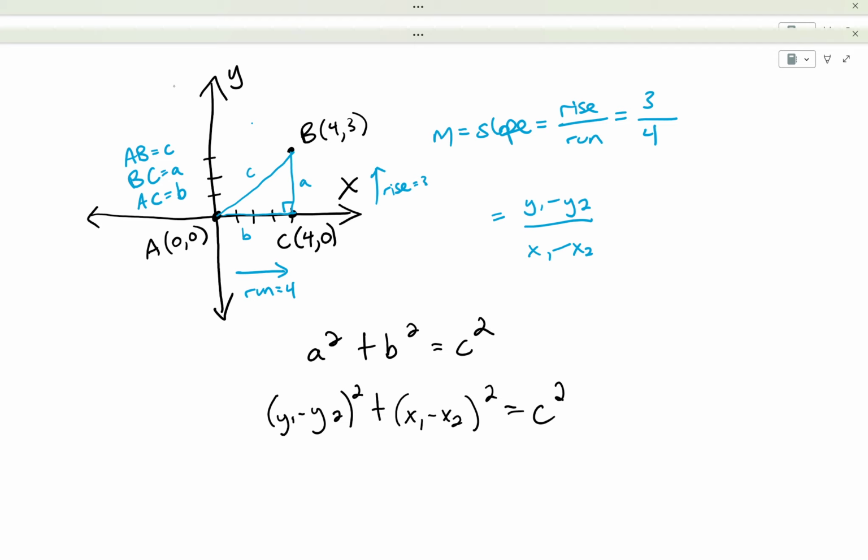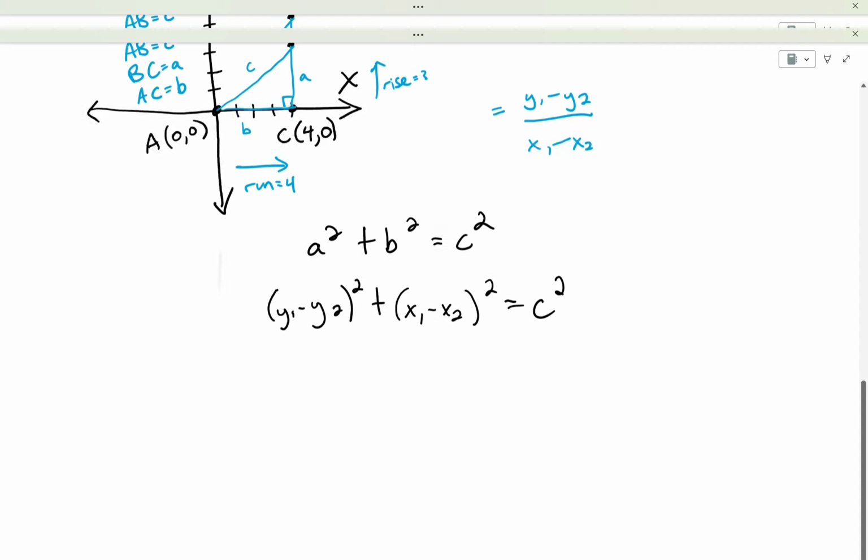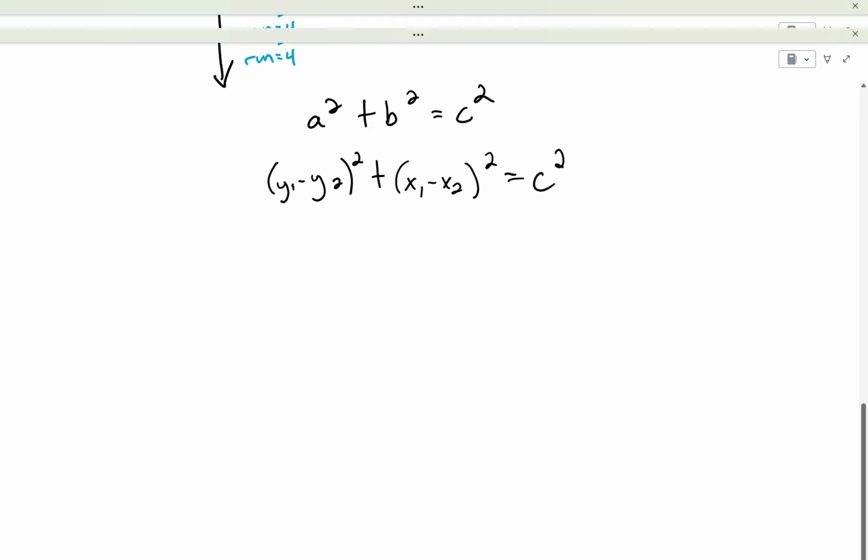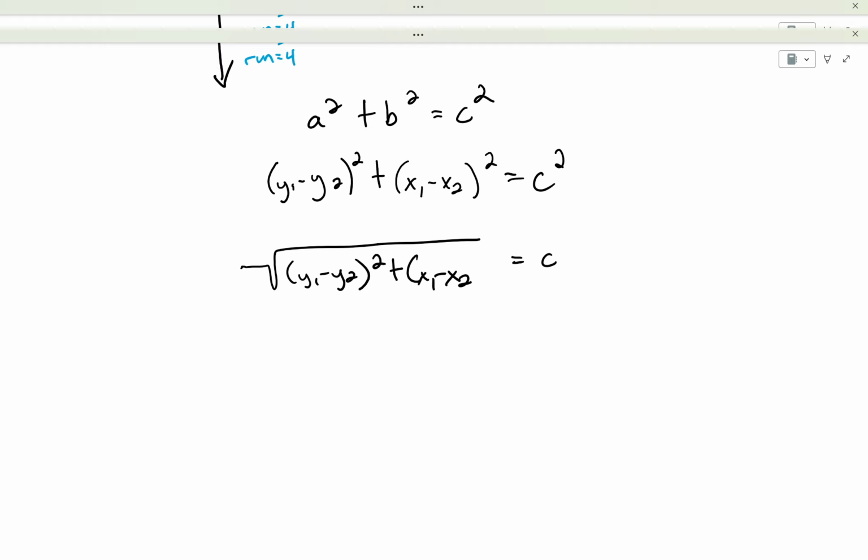Now, algebraically speaking, I could figure out the value of c. I can get it by itself by taking the square root of this entire side. So I'm going to have y sub 1 minus y sub 2 squared plus x sub 1 minus x sub 2 squared, and that is all square rooted. And gentlemen, this is effectively the proof for the distance formula, which we've been working with in this course so far.